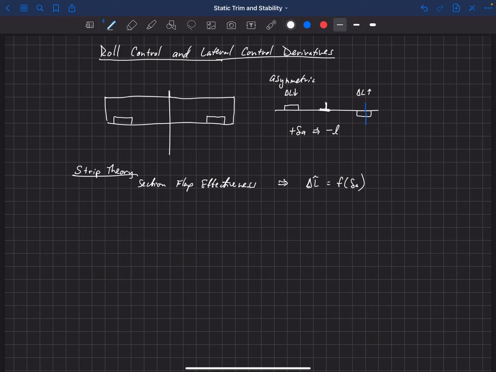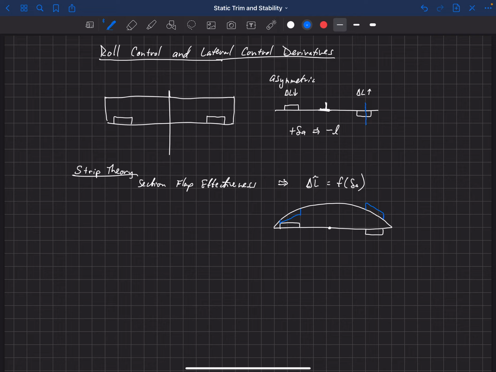Okay, and so what we would do is we would assume, and I'll just draw another view of this wing here, looking from the back, if we have a positive deflection, that's the right down and the left up. So basically, what we would say is if this was our original lift distribution, then that lift distribution would be offset by an increase over here due to that aileron deflection, and a decrease over here due to the aileron deflection on the left-hand side.